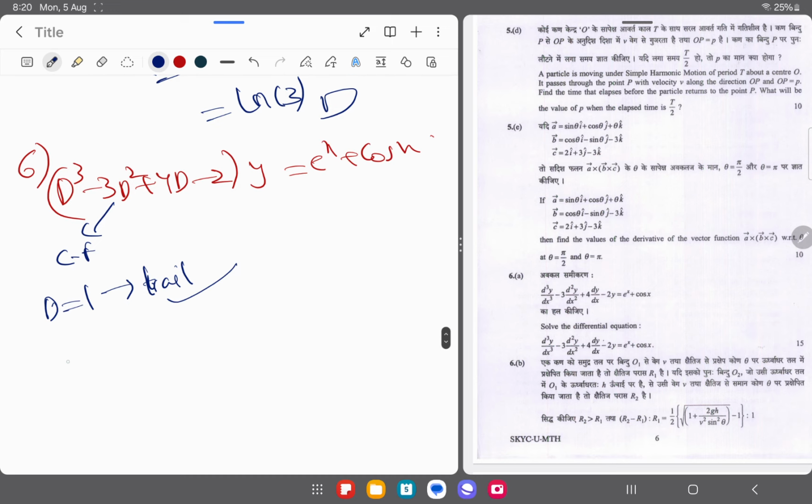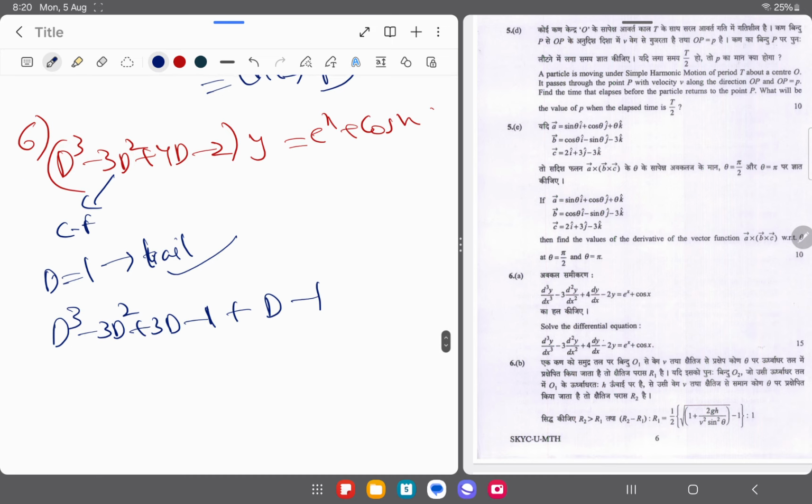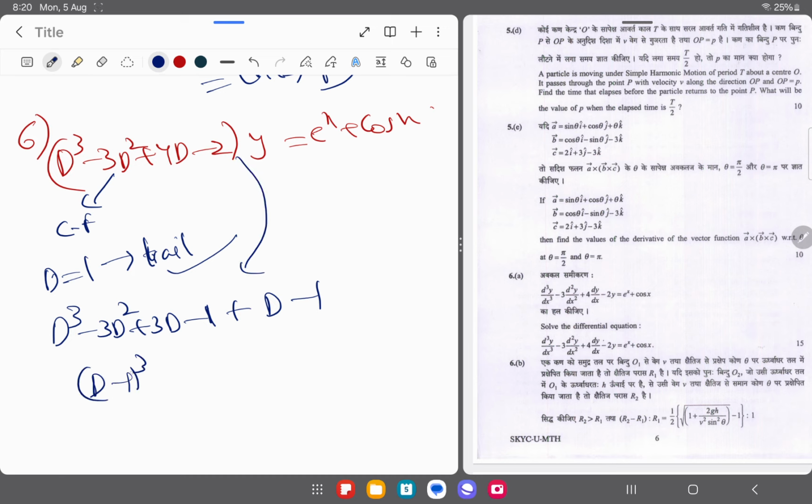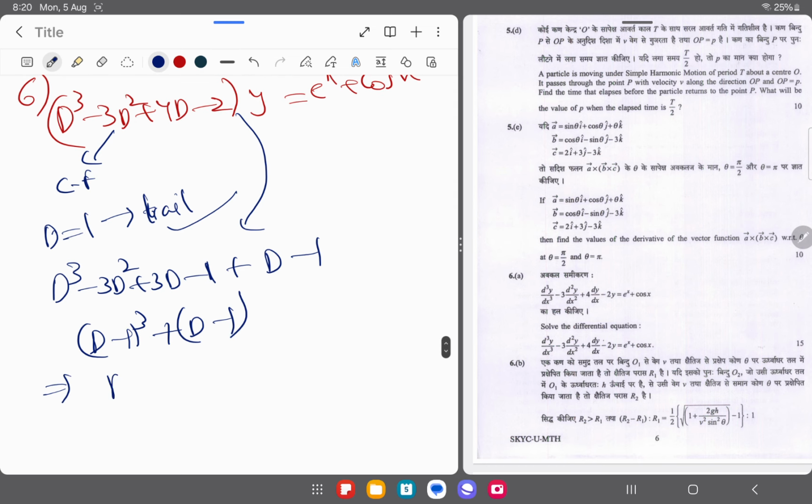It will be passing. So D cube minus 3D square plus 3D minus 1, minus 1 plus D minus 1. I'm rewriting this: this one will be (D minus 1) whole cube plus (D minus 1), and this will be (D minus 1) into (D minus 1) whole square plus 1, right?